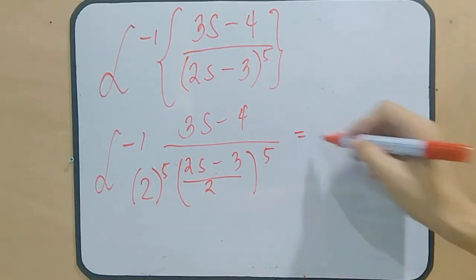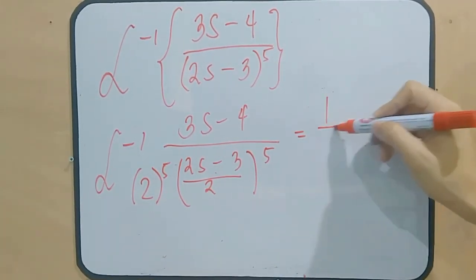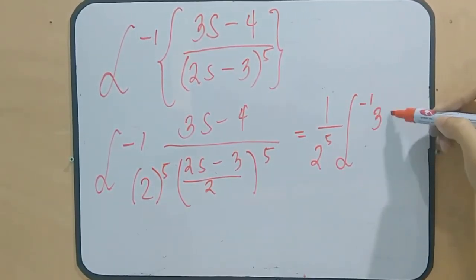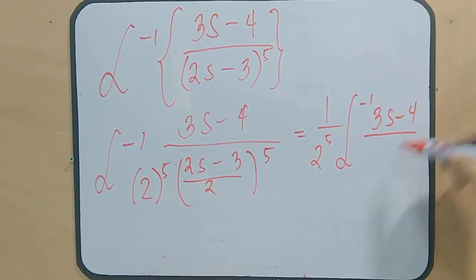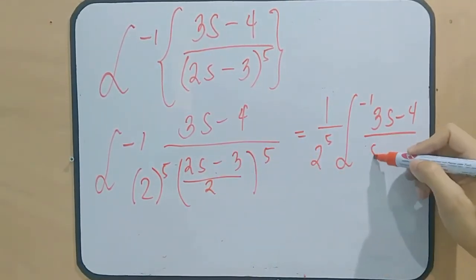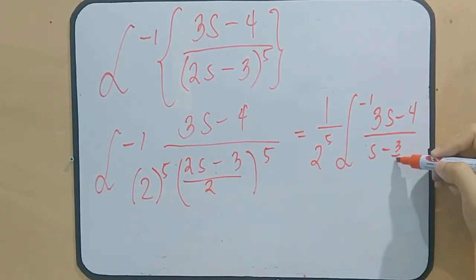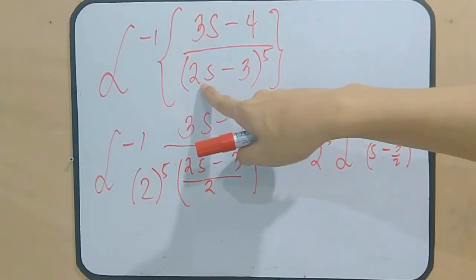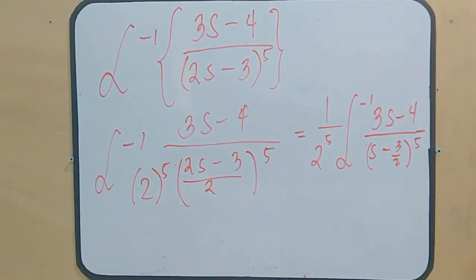So this is equal to 1 over 2 raised to 5, the inverse Laplace transform of 3s minus 4 all over, let's simplify, s minus 3 halves, raised to 5. So, guys, we have removed the coefficient 2 inside the denominator. Now we can simplify it.